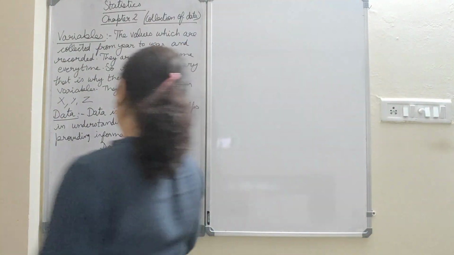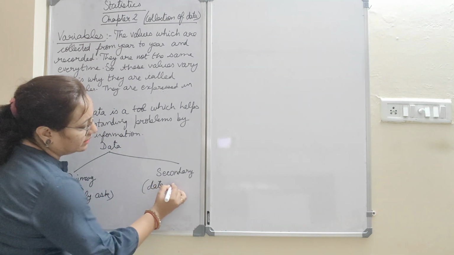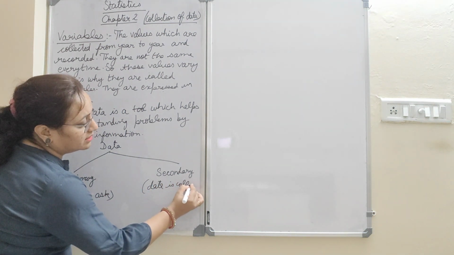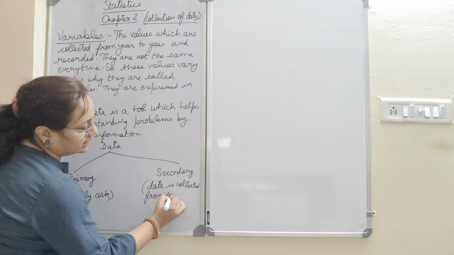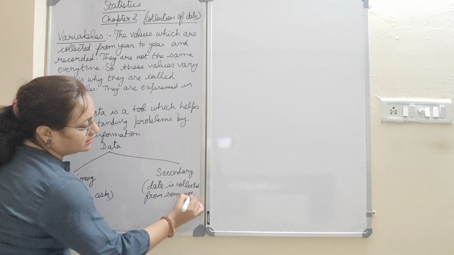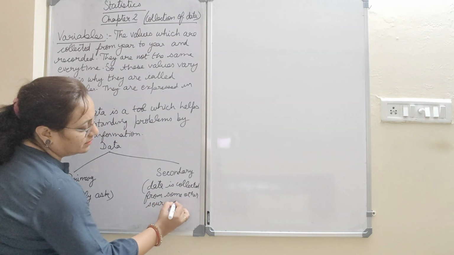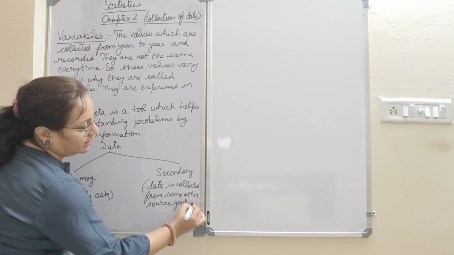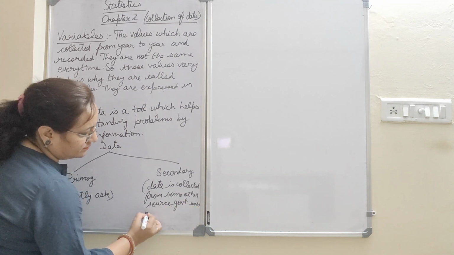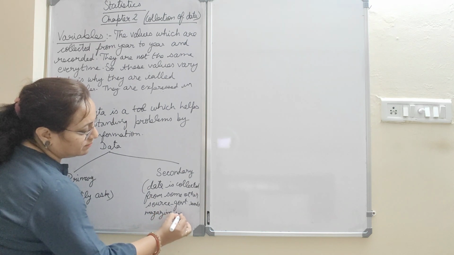What is secondary data? When the data is collected from some other source. It can be government records. Okay, it can be some magazine. It can be some newspaper.